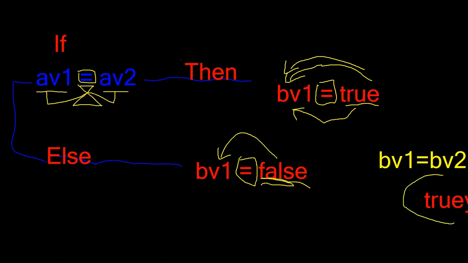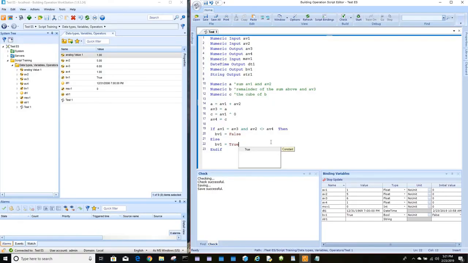And this true or false value is going to be contained in here, whereas right here, this is the actual value. It's not wrapped. You need your end if. So that is what that looks like.